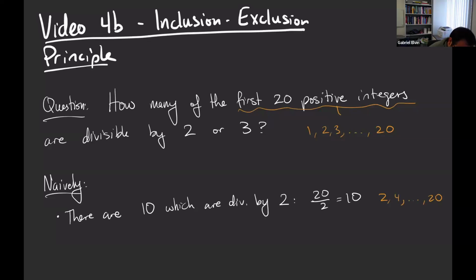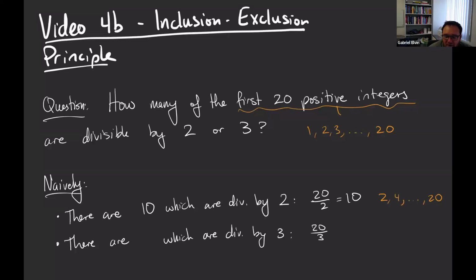And then how many are divisible by 3? This one's a little trickier, so I'll leave that blank for a second. We want to do the same trick. One in every 3 numbers is divisible by 3, so we want to divide by 3 essentially, except that's not an integer exactly.